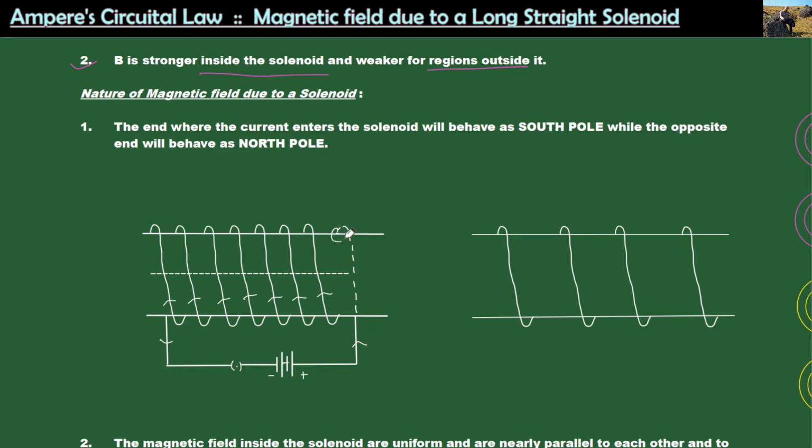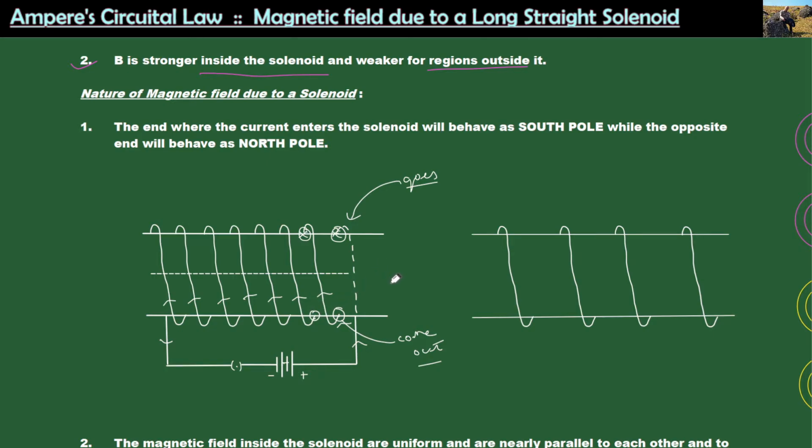This is the point where the current enters, so it will be marked by a cross. And from here it goes inside. This is the particular point where the current comes out. At this point, we will represent it by a dot.